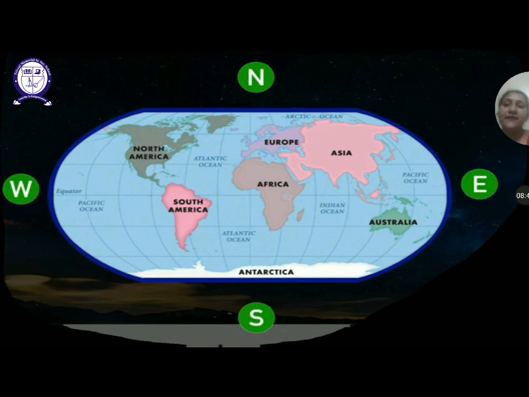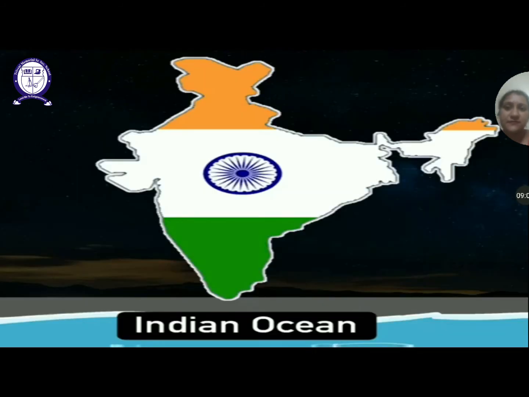In our map we can see there are 7 continents, and among them India has a strategic position. India is named after the Indian Ocean.